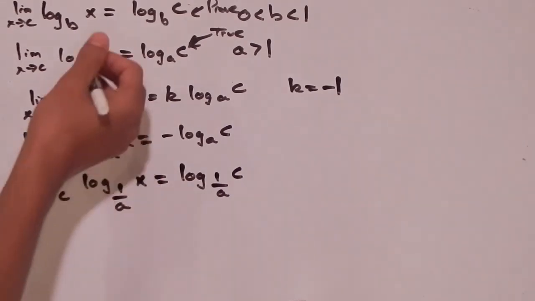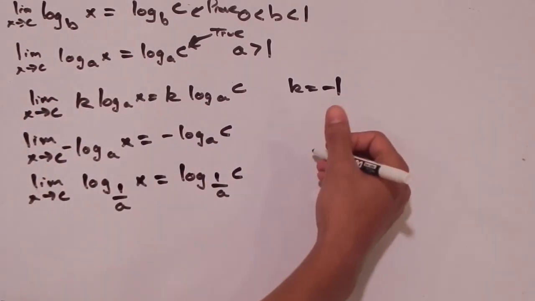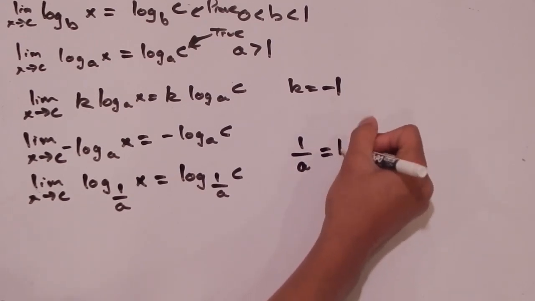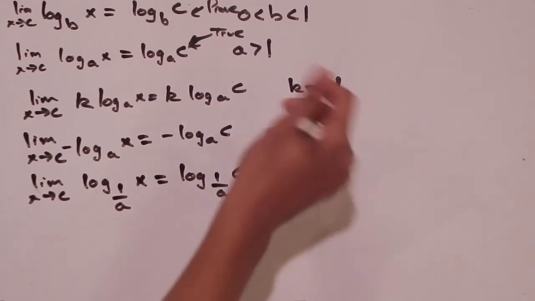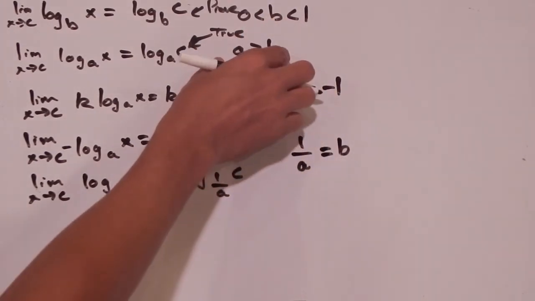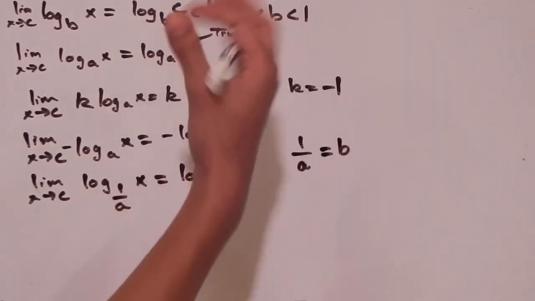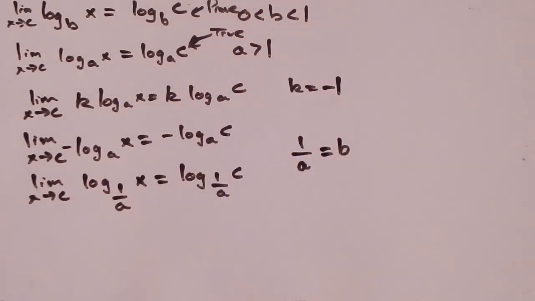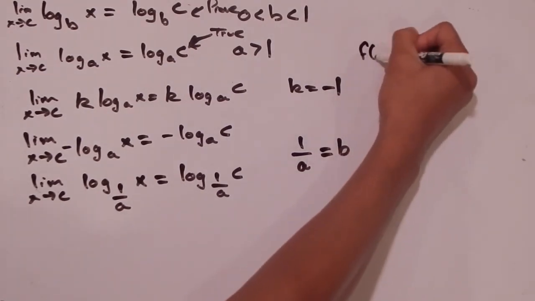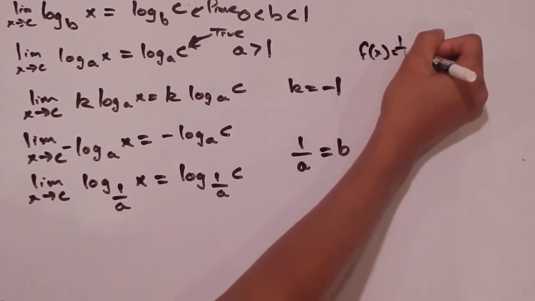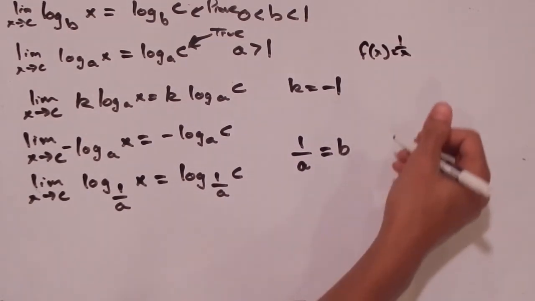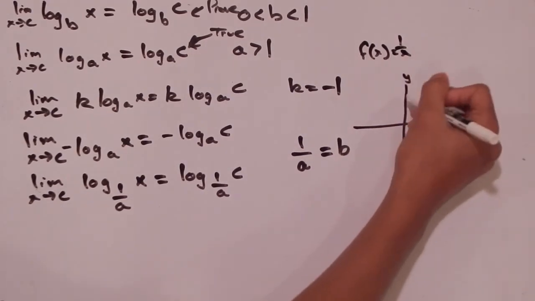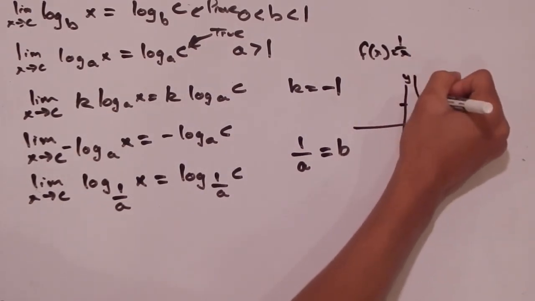So if we wanted to find the log base b, all we have to do is find that corresponding a value such that 1 over a is equal to b. So for any number between 0 and 1, we just have to find that corresponding number greater than 1 such that the reciprocal of that number is equal to that number between 0 and 1. If you think about the function f of x equals 1 over x, at x equals 1, y is also equal to 1, and it looks something like this.